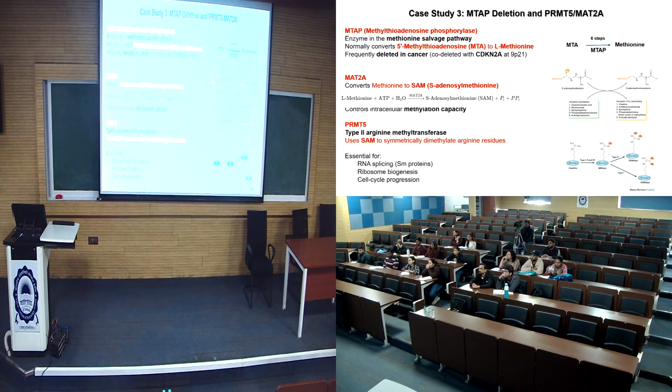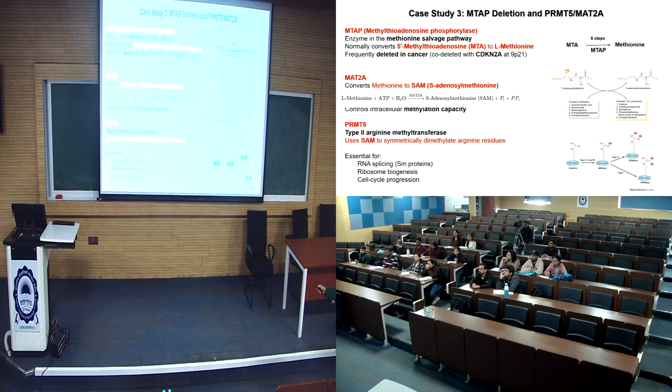So with this SAM, look at this methyl group, and this sulfur is positively charged. So this is a very good donor of methyl groups. So whenever you have to do methylation in cells, this is the donor for the methyl group. Okay, and when it donates the methyl group, it becomes S-adenosyl homocysteine, and then it is further converted. We will not go there.